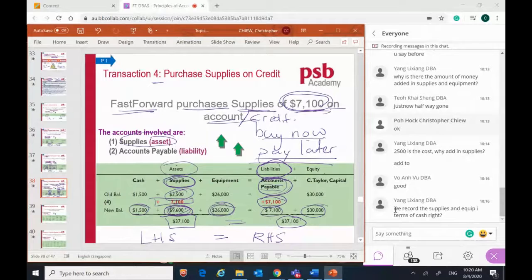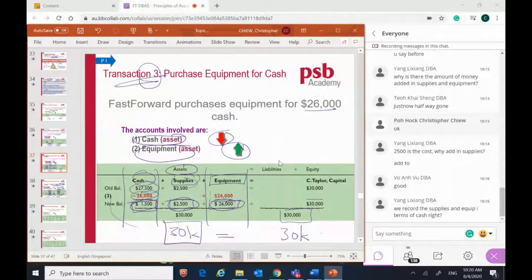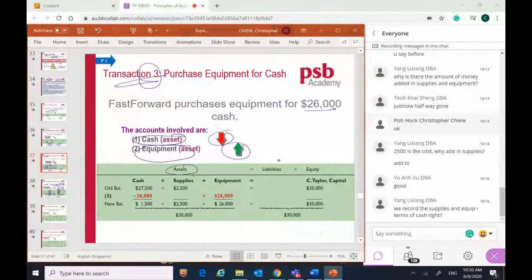Li Xiang asks, we record the supplies and equipment in terms of cash, right? Now, let me bring you back. When we record your assets, your supplies, and your equipment, it is not in terms of cash, it is in terms of value.